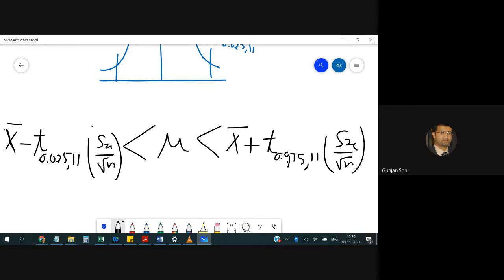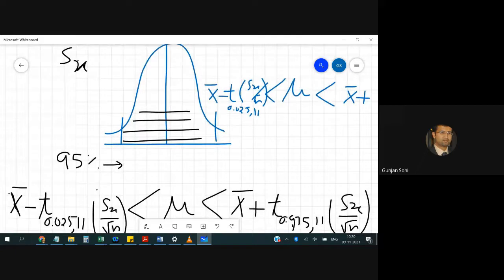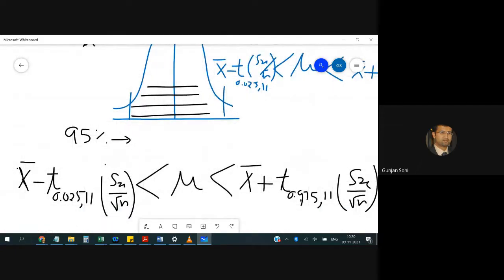See, 95% confidence interval means this shaded area is 95% of the total area under the t distribution curve.